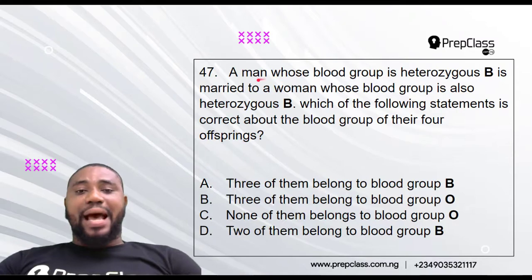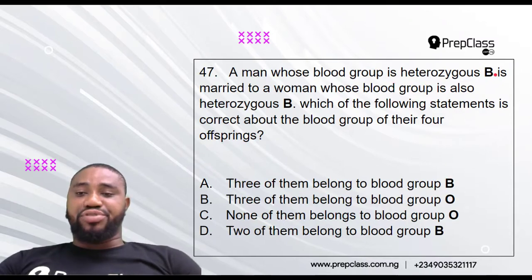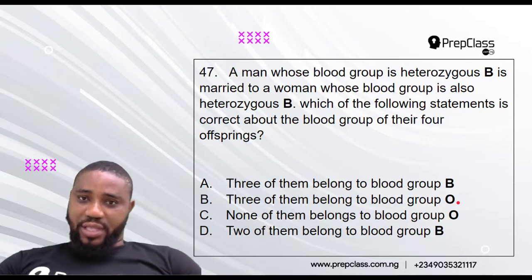Okay, so the man and the wife are heterozygous, and we are looking at only two types of blood group, which is blood group B and blood group O. And they've told us that the man is heterozygous B, the wife is heterozygous B. That means that blood group B is dominant over blood group O. Do you understand?